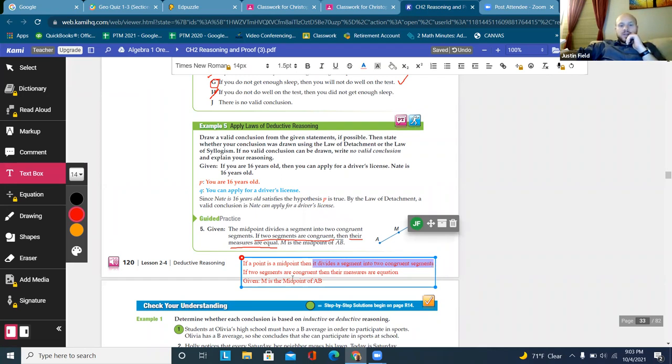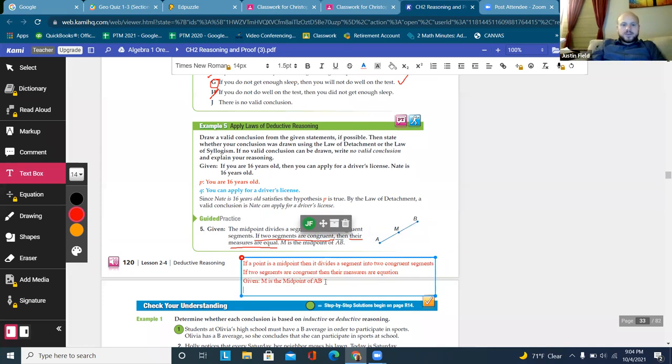And using the law of syllogism, because this conclusion is the hypothesis, then the measures are equal. So we can say, using the law of detachment, two congruent segments. So we can say AM equals MB.